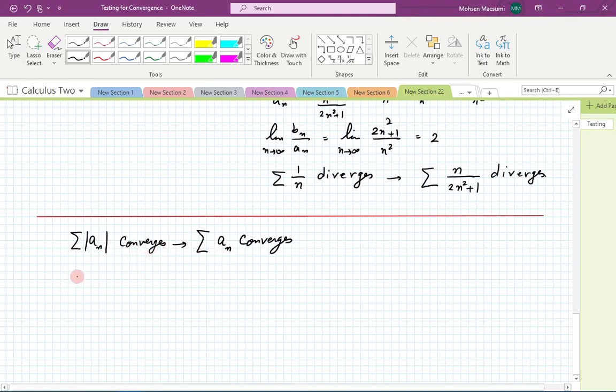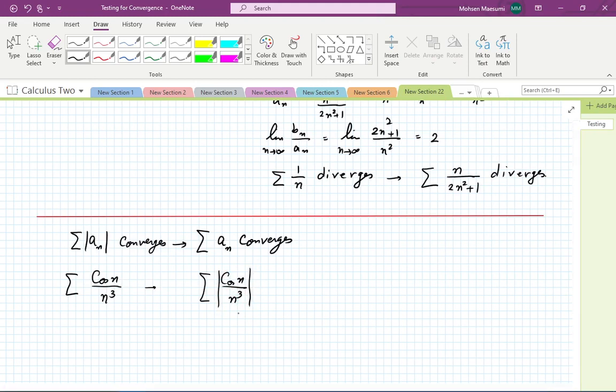Okay, next I want to investigate cosine of n over n cubed. Let's consider it in absolute value so that I force everything to be positive. Next, I compare this thing versus the sum of just 1 over n cubed.